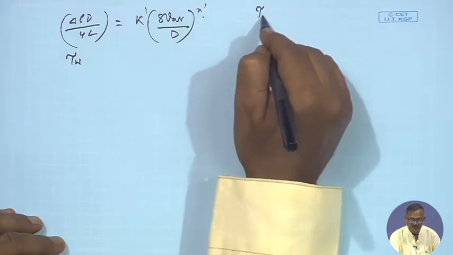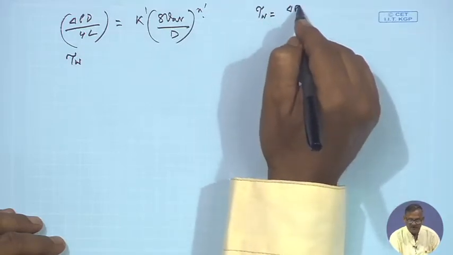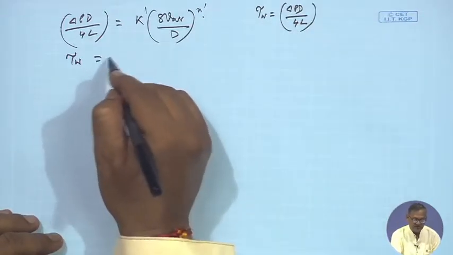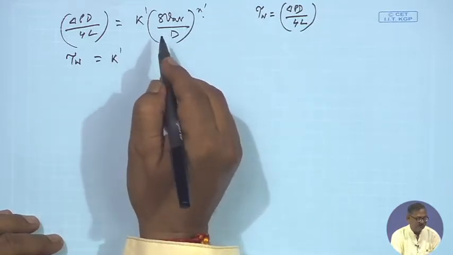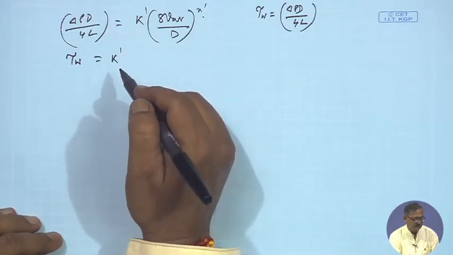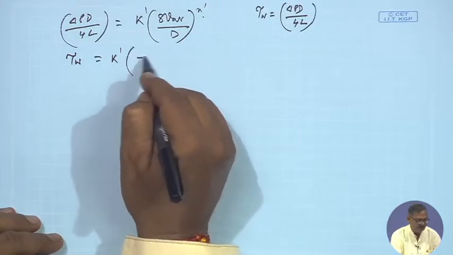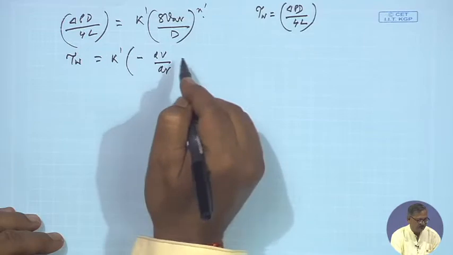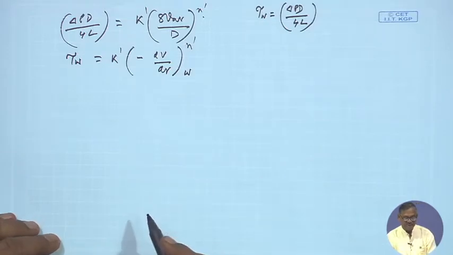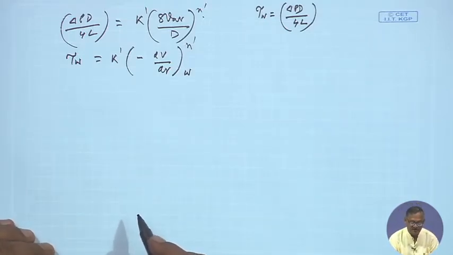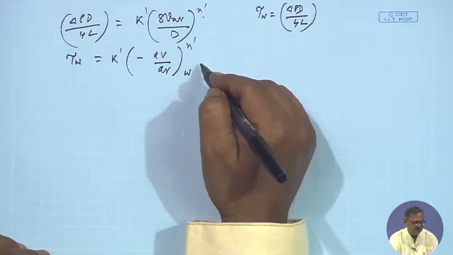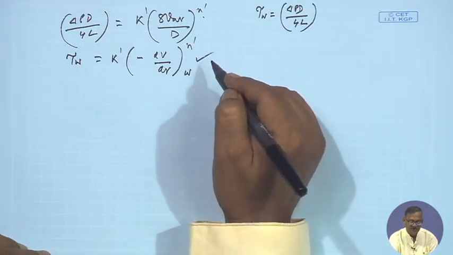So tau w becomes equals to k prime into minus dV dr to the power n prime at the wall, right. This we have shown earlier.